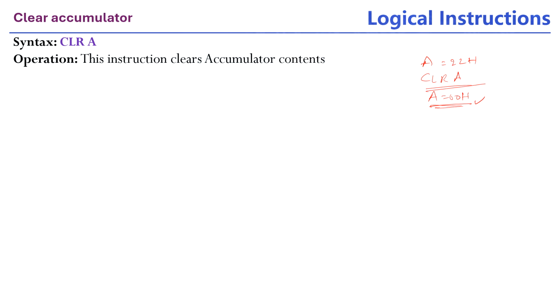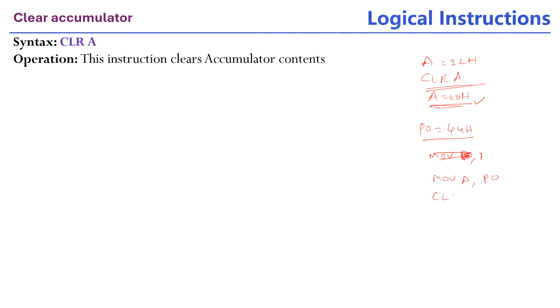Suppose in some application I need to clear some other register, like port 0. Let us consider port 0 has 44H, but I need to clear its contents. We cannot directly perform the clear instruction on port 0. So first you need to move the contents of port 0 onto the accumulator.